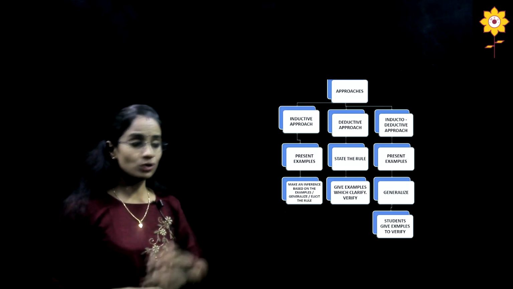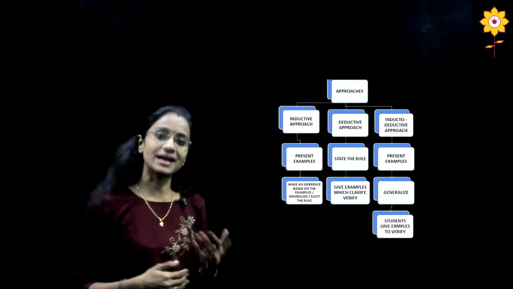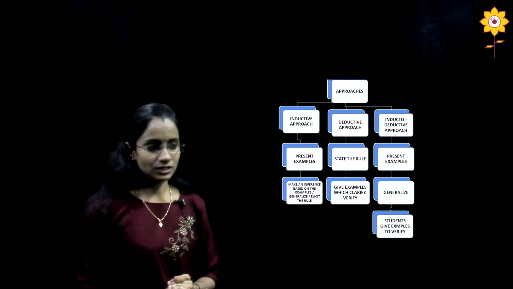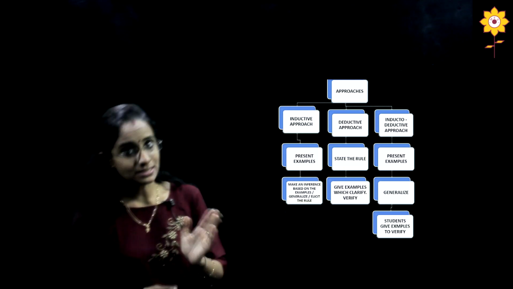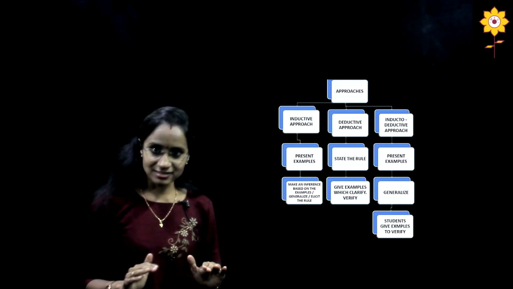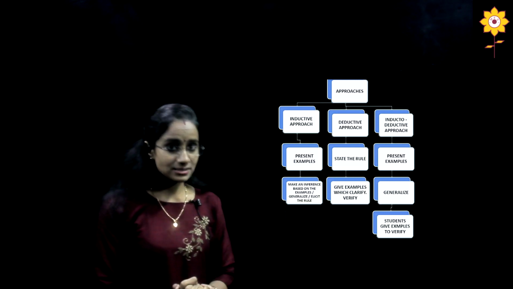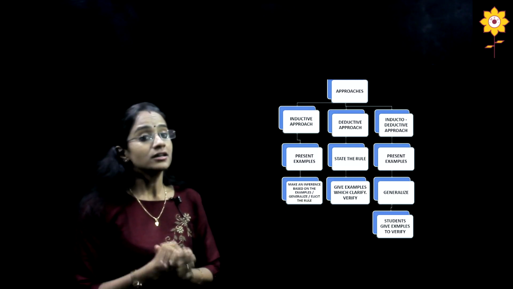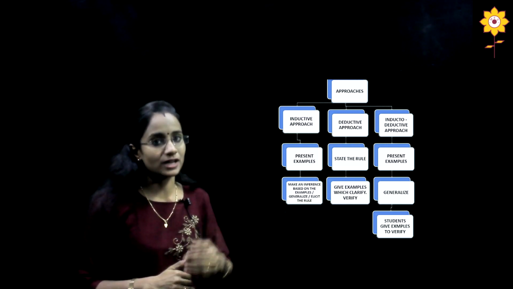And in the deductive approach, you first state the rule and then give examples which will clarify or verify. Okay? And in the inductive-deductive approach, first you present examples and then you generalize it. Okay? So the child will make an inference, you will generalize it, and later the students will give you examples which will help you verify.